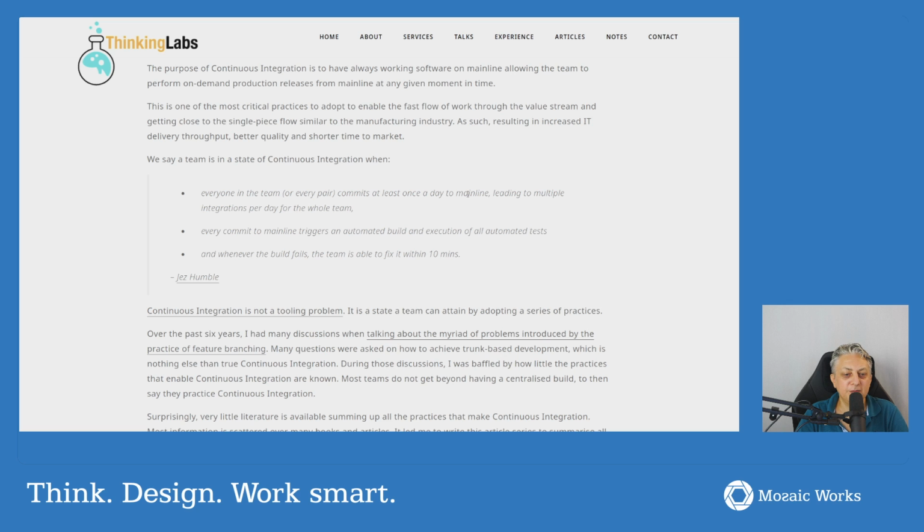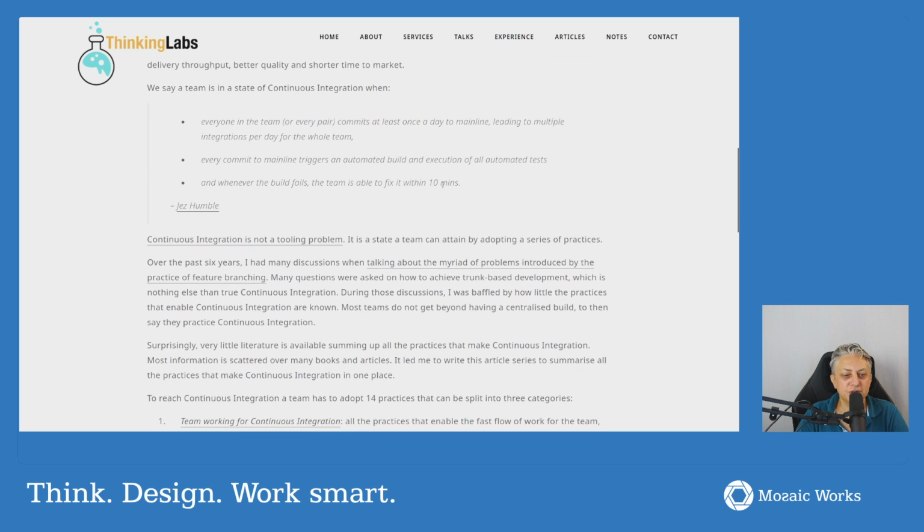We say a team is in a state of continuous integration when, and then another quote from Jess Humble, everyone in the team or every pair commits at least once a day to mainline, leading to multiple integrations per day for the whole team. Yeah, so, and it doesn't matter whether your commit is a merge of a branch or it's a push to the main line, these are relatively unimportant things.